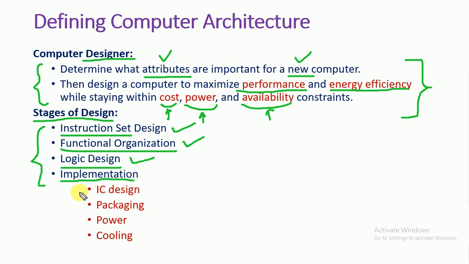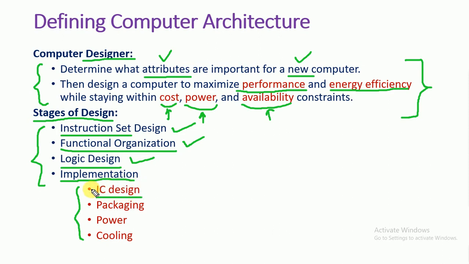And finally, we have the implementation of various elements. Implementation design must be generated by the designer or architect. He needs to consider the exact design of an IC. Earlier, the logic of the IC was designed.